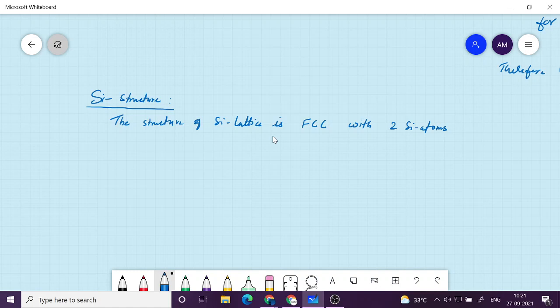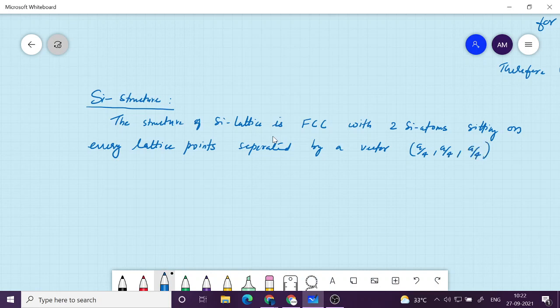The two silicon atoms are sitting on every lattice point, separated by a vector a by 4, a by 4, a by 4.